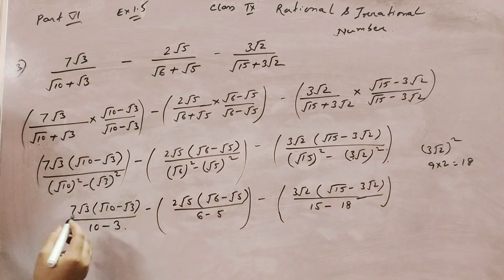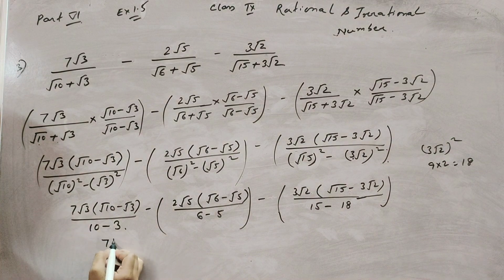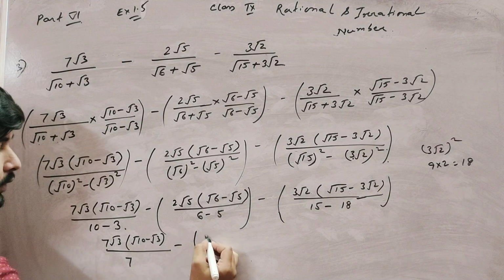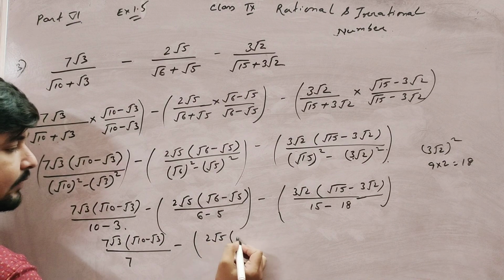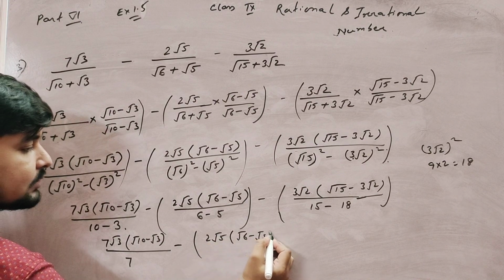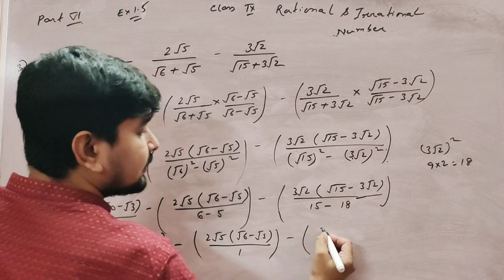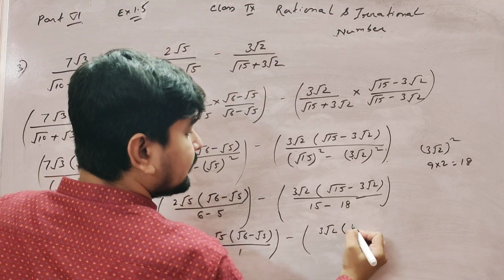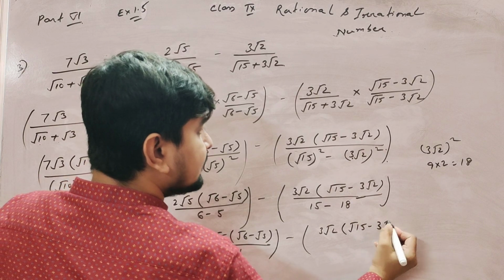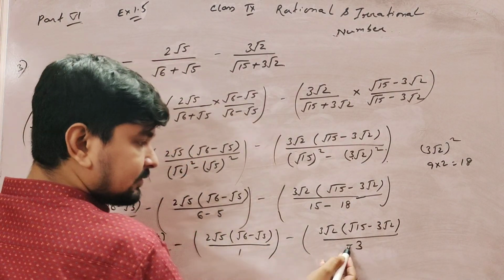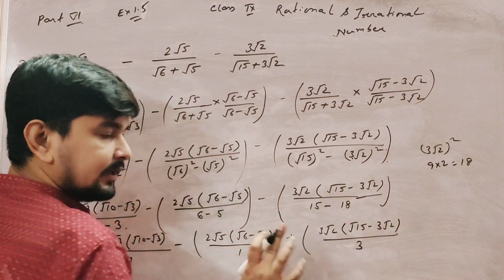Done. So 7 root 3 into root 10 minus root 3 by 10 minus 3, minus 2 root 5 into root 6 minus root 5 by 6 minus 5, it's 1, minus 3 root 2 into root 15 minus 3 root 2 by 15 minus 18, is minus 3, so this minus that is minus minus plus. Done.